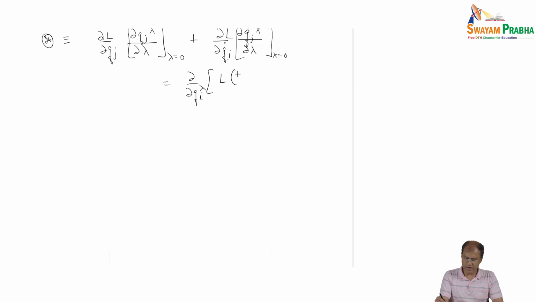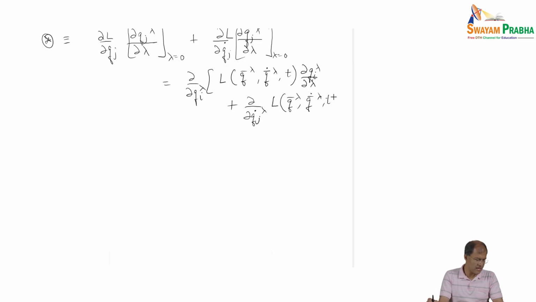So this is going to be the Lagrangian at q(lambda), q dot(lambda), t, times partial q(lambda) by partial lambda, plus partial L by partial q_j dot at q(lambda), q dot(lambda), t, times partial q dot(lambda) by partial lambda.